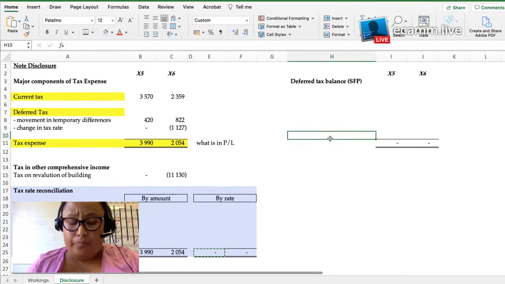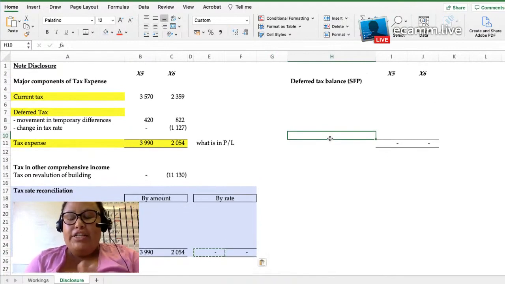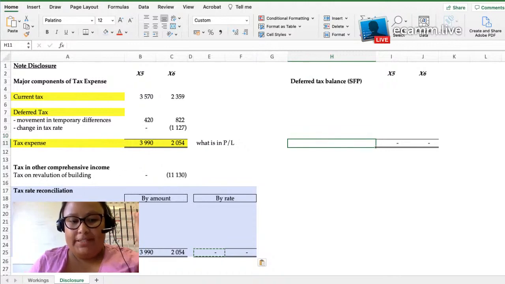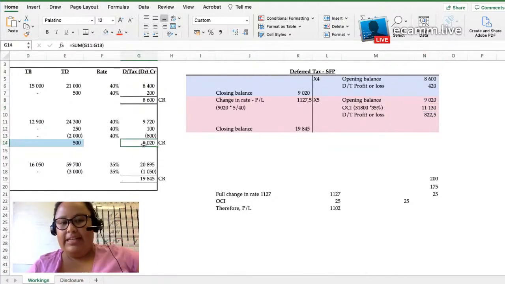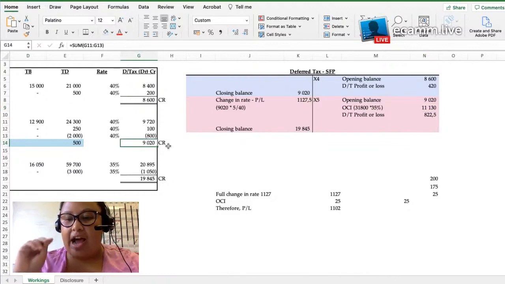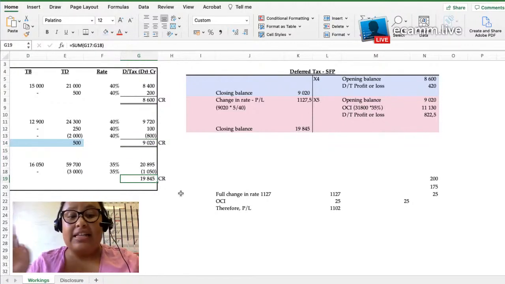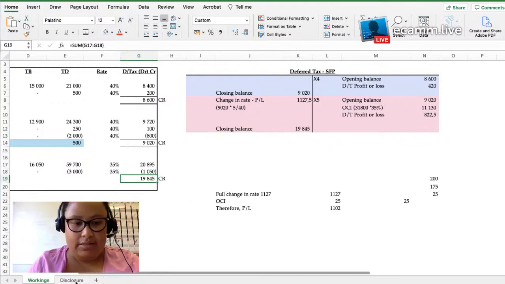Okay, now what we need to do is we need to say in my statement of financial position, right? What am I going to have there? I'm going to have in X5 a liability of 9020, and in X6 a liability of 1984845. So that's my liability, right?